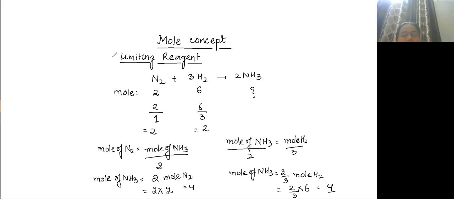You can do it by ratios, but this method is easier. You can do this question using ratios because I have given you simple values. But please have this habit of using these formulas. Clear?